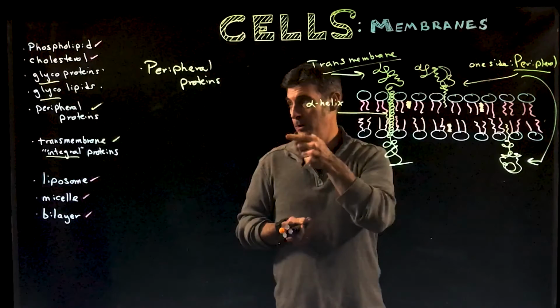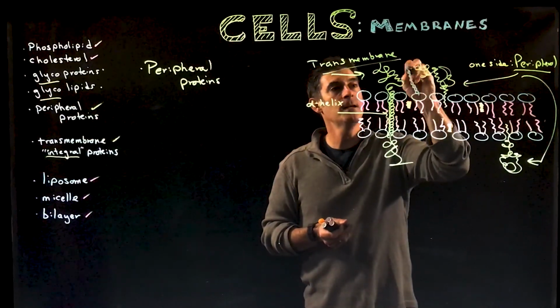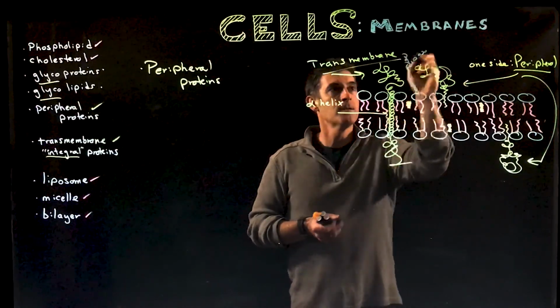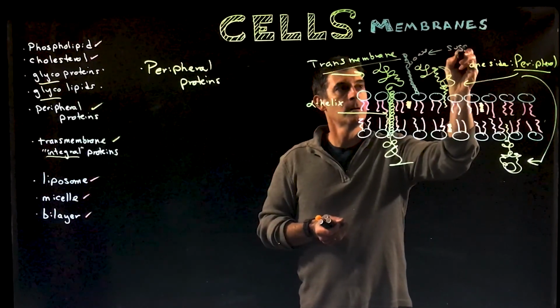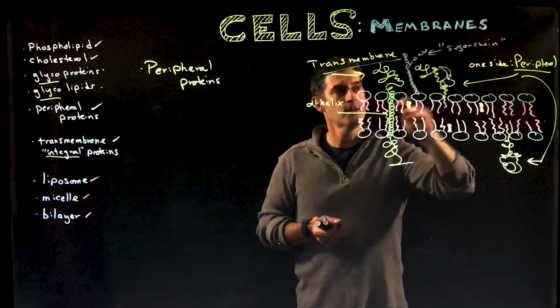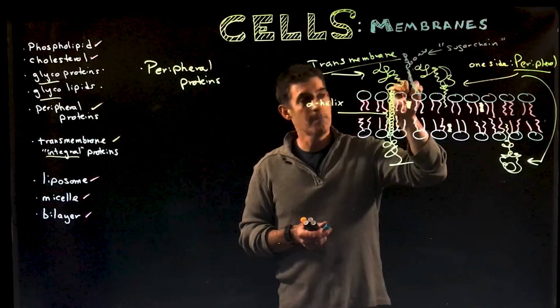Now those sugars, we can attach them in these chains. I'll draw a little branching chain, like this. So this is a sugar chain. That's just a real simplistic terminology here for what we have, but it's a polysaccharide.